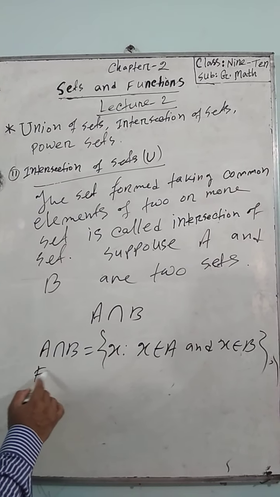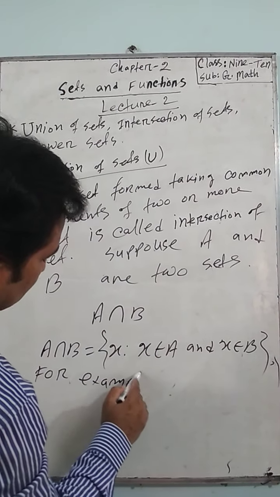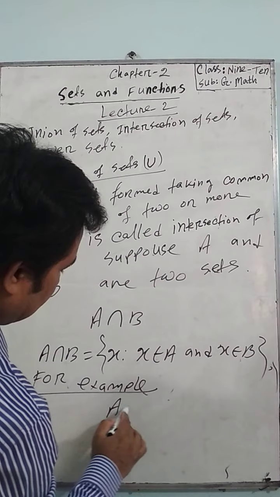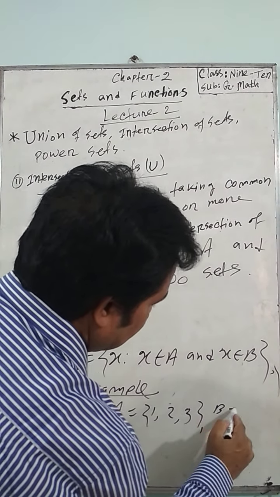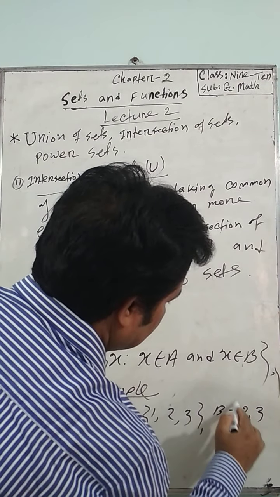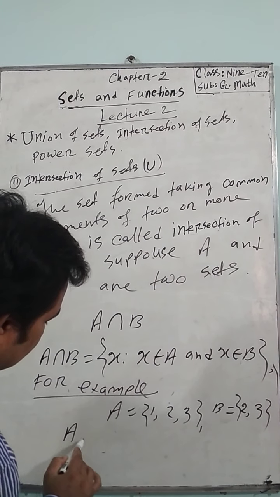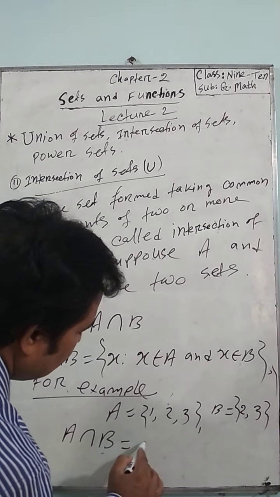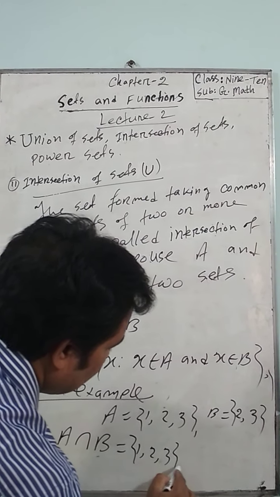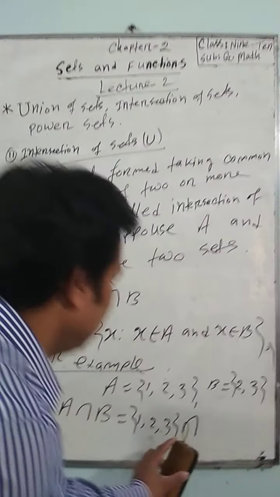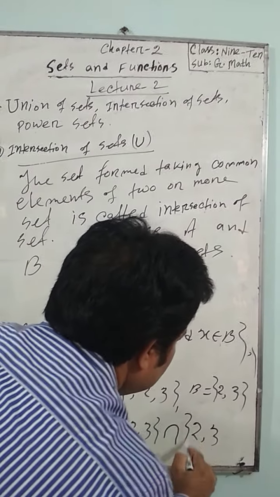For example, A is {1, 2, 3}, another set B is {2, 3}. So we can write A intersection B: the value of A is {1, 2, 3} and the value of B is {2, 3}.